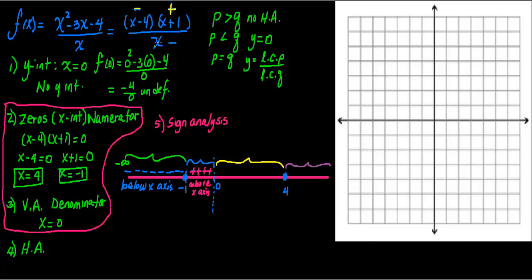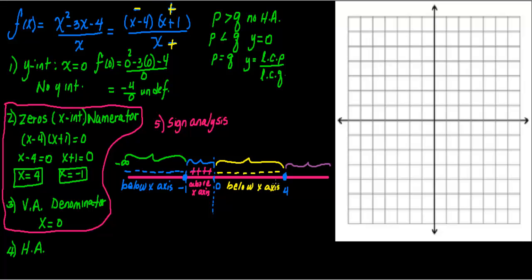If I plug in a 3 here, I'll have a positive number. So negative times positive, negative, and negative over positive, negative. That means that the graph in the interval from 0 to 4 will be below the x-axis.